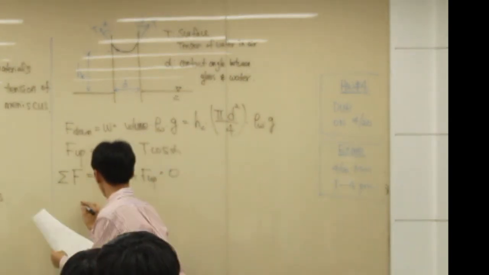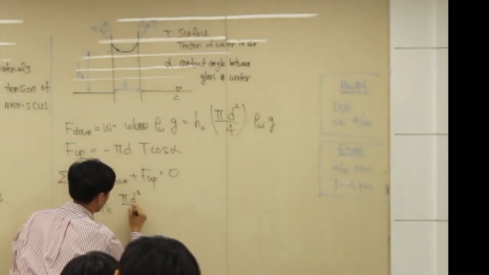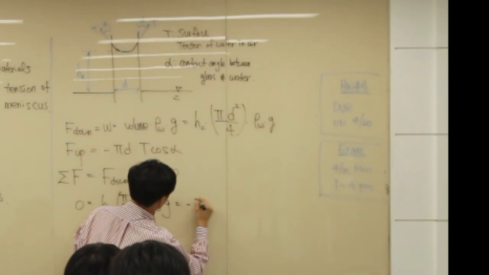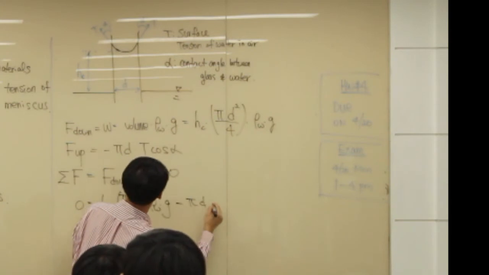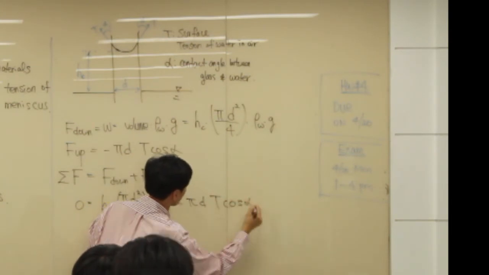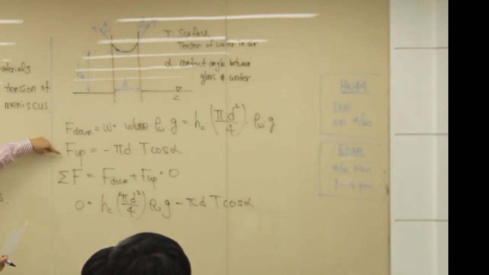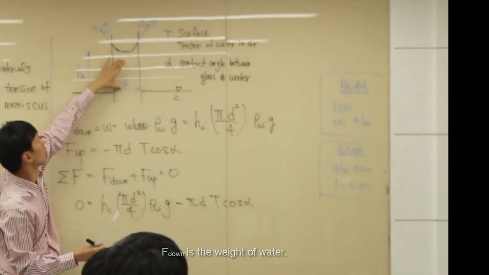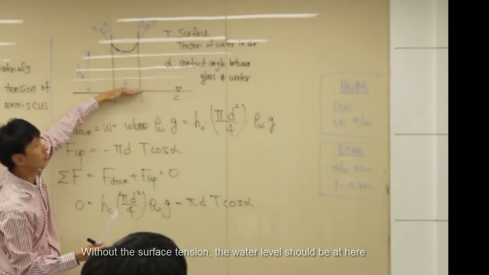Then F down, F up. F down is the weight of water of this volume, because without the surface tension, the water level should be here.